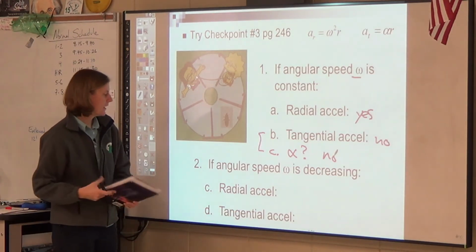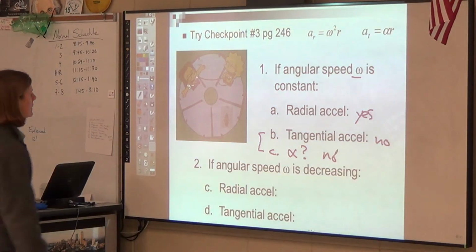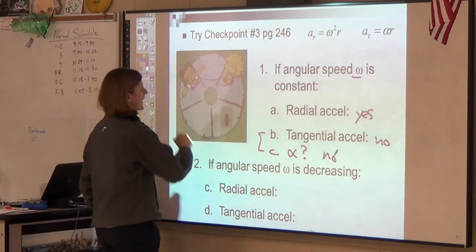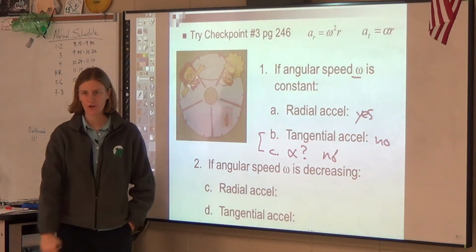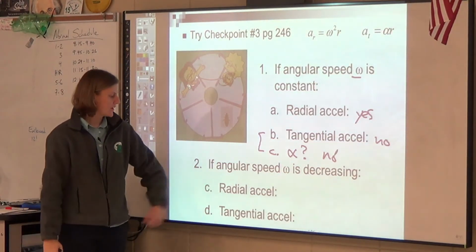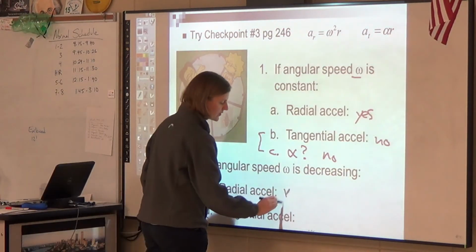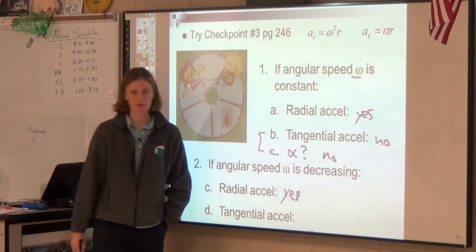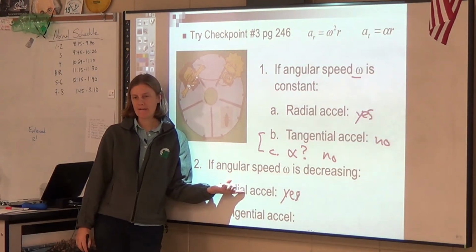And then this part. If the angular speed is decreasing, so we were going around at a set speed, then maybe Lisa sticks her foot out to stop it, and it starts to slow down. Is there radial acceleration? Yes, there has to be. We're going in a circle at all. There is radial acceleration. What can you tell me is happening to that radial acceleration?